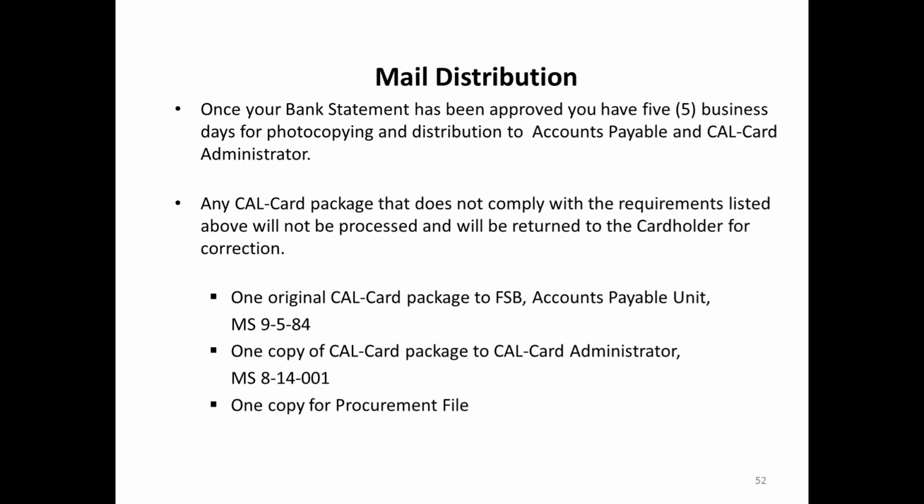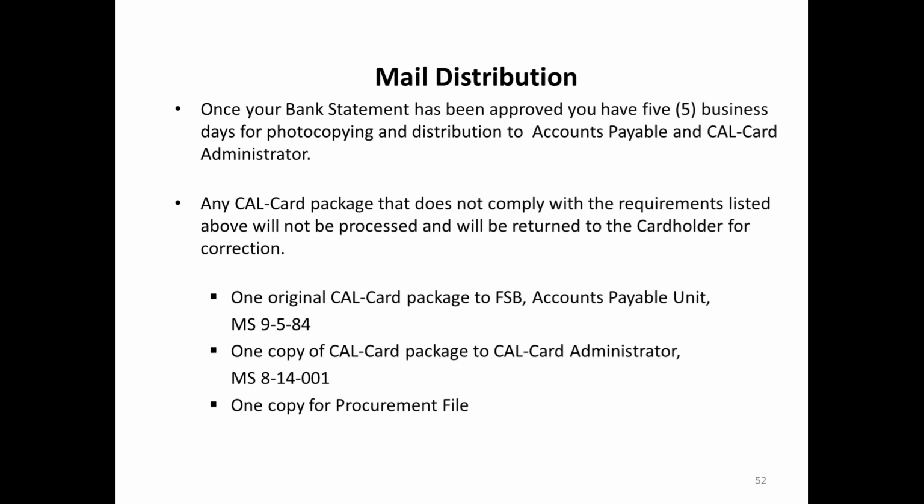Mail distribution. Once your bank statement has been approved, you have 5 business days to photocopy and distribute to accounts payable and the CalCard administrator. Any CalCard package that does not comply with the requirements listed above will not be processed and will be returned to the cardholder for correction.